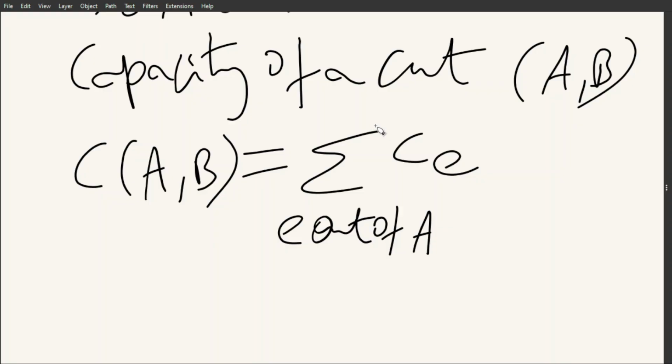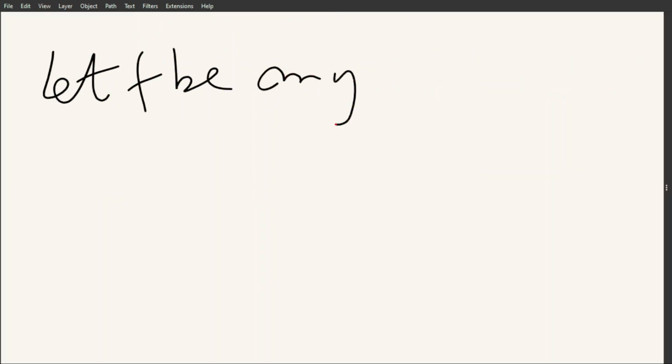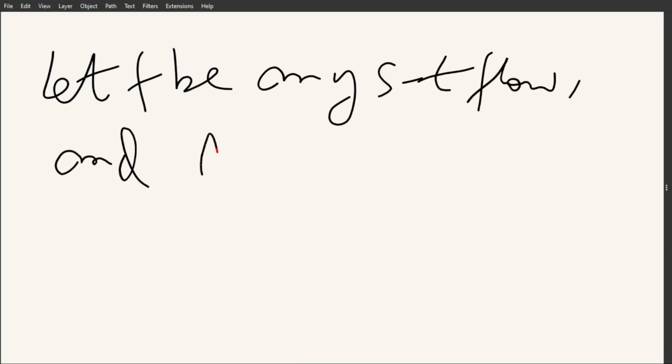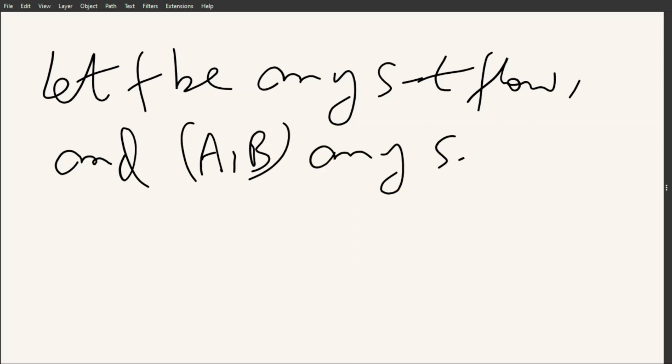Now let F be any ST flow and (A, B) any ST cut. We will get a relation between the value of the flow and the cut.